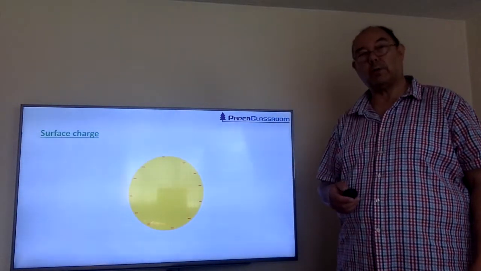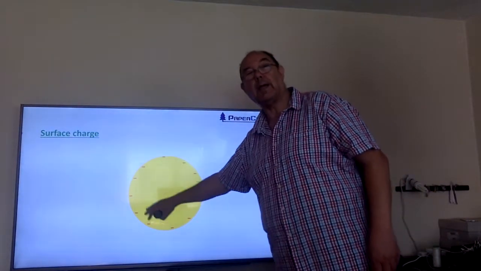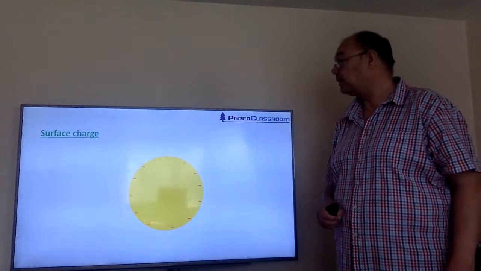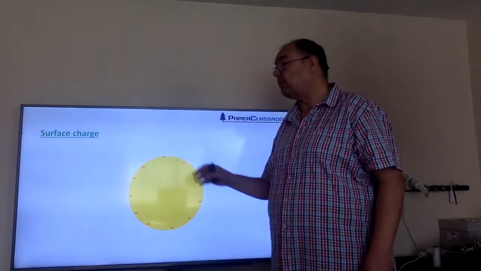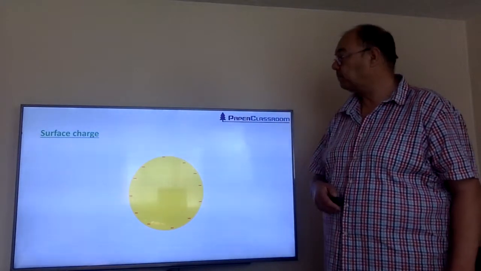So here we have a particle. We may not realise it, but in solution most particles have a charge on their surface. It could be positive, it could be negative. In this one I've just happened to have randomly chosen negative.